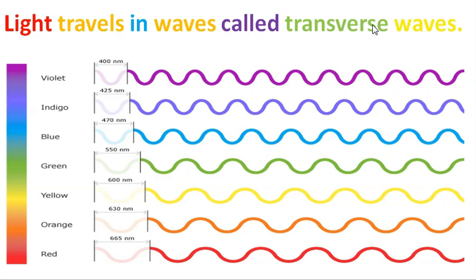Light traveling in a straight line is called rays, and light traveling in waves is called transverse waves. So light travels as a wave. You can see the waves here, but unlike sound waves or water waves, it does not need any matter or material to carry its energy along. This means that light can travel through a vacuum, a completely airless space. It's space. You can see all the waves here.